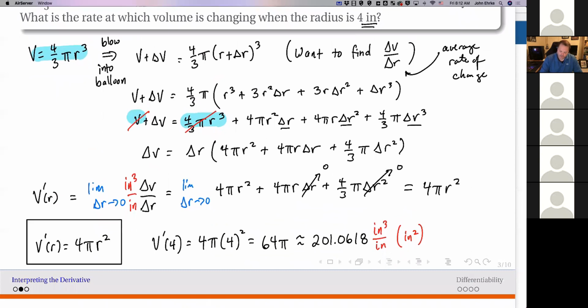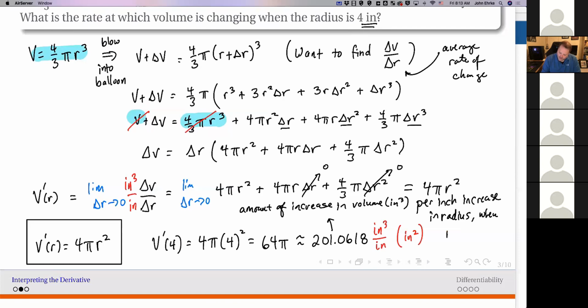So kind of write this right here. This number represents the amount of increase, and it's increased because that number is positive. The amount of increase in volume, which is measured in inches cubed, per inch increase in radius when the radius is 4 inches.